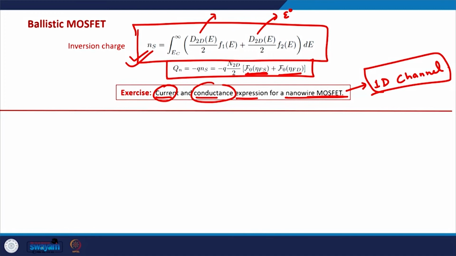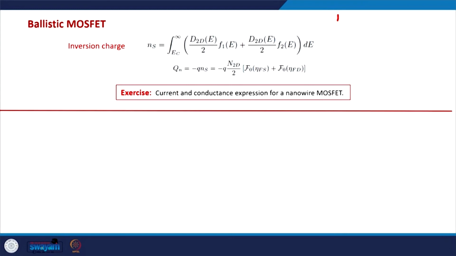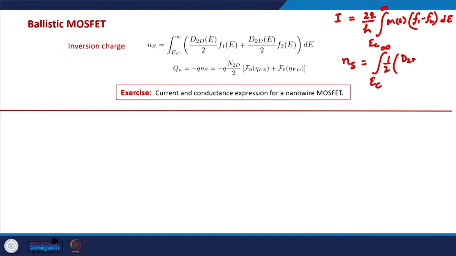So in summary, what we have seen so far is that by using this expression for the current, 2q by h, integral from EC to infinity, M(E), F1 minus F2 dE, and by using this expression for the charge density, 1 by 2, D2D(E) times F1 plus D2D times F2 dE, we can understand the steady state charge and steady state current in the device.